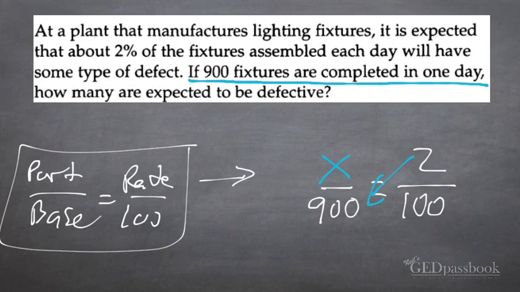Yep, 1800, right? What is 1800 divided by 100? 18. So, 18 lighting fixtures. If a company makes 900, they know that 18 will come out defective, all because they know 2% are always defective.